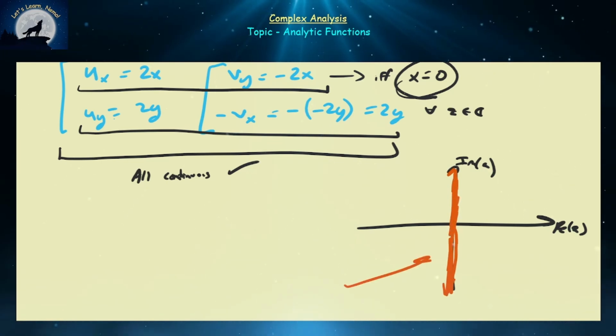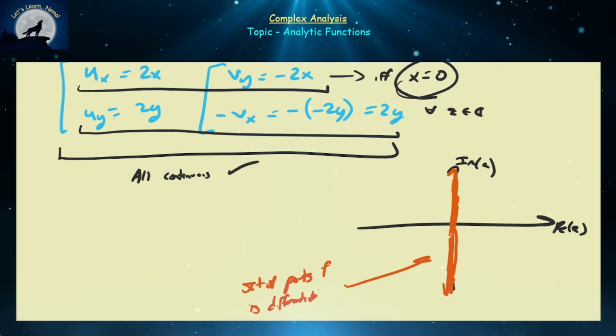So this is the set of points where f is differentiable. Now, if I were to ask you, is it smooth at the origin, or is it smooth at the point i, or is it smooth at the point negative 4i?